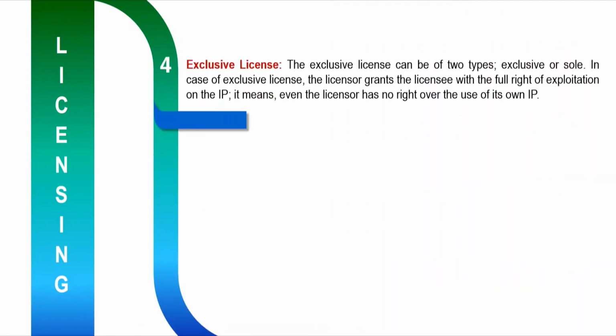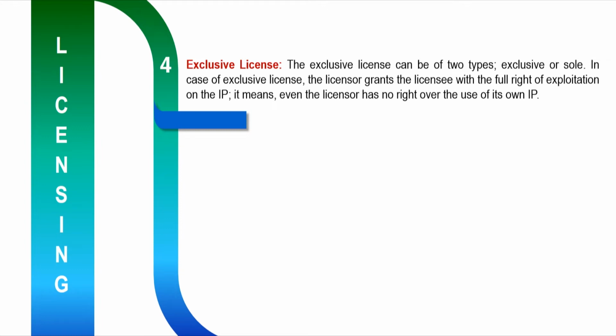Now, this licensing is of different types. The first one is known as the exclusive license. Exclusive license is further of two types, exclusive or sole. In case of an exclusive license, the licensor grants the license with the full right of exploitation of the IP. It means the licensor has no right over the use of its own IP.